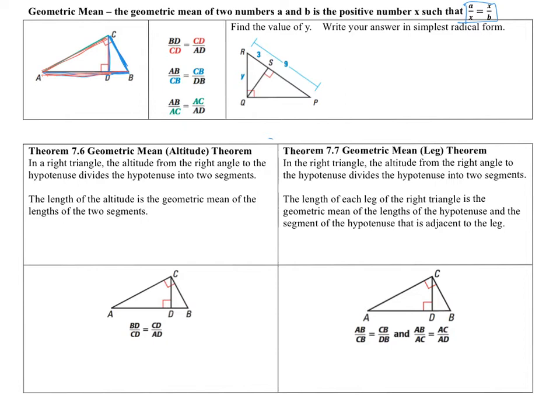So if we look at this again, the first one, the geometric mean is actually the height or the altitude of triangle ABC, and CB is actually the shorter leg.